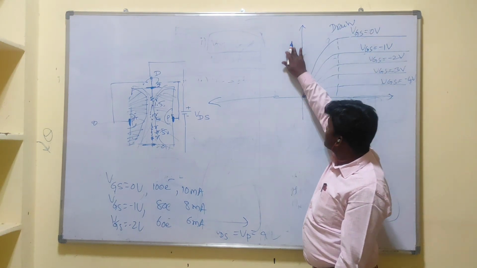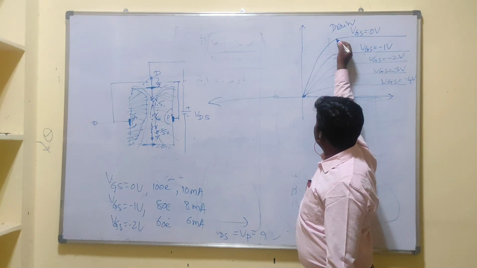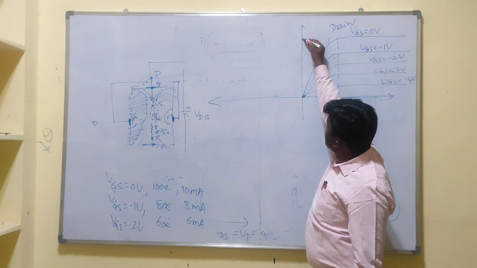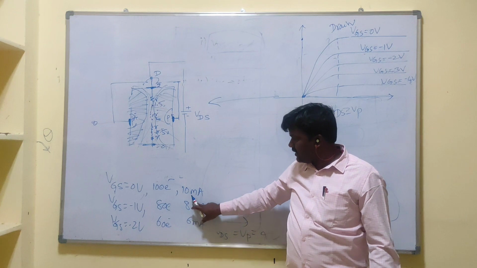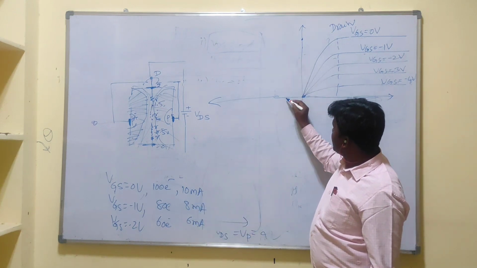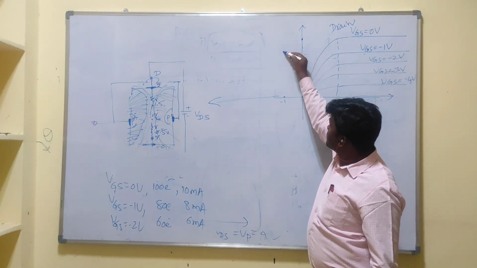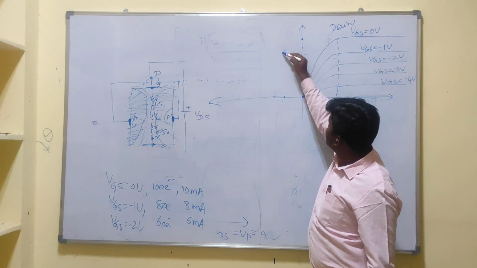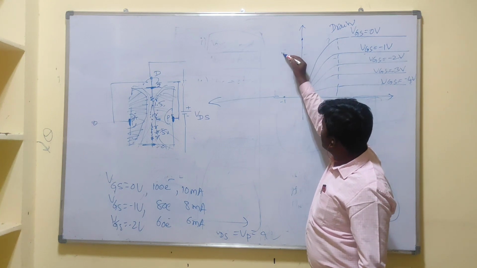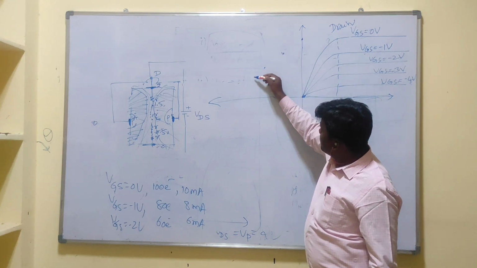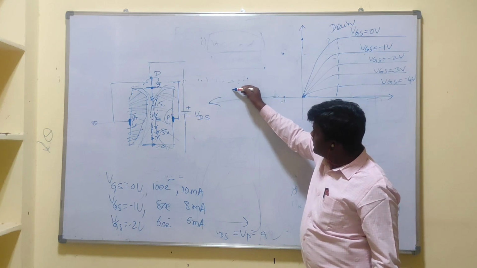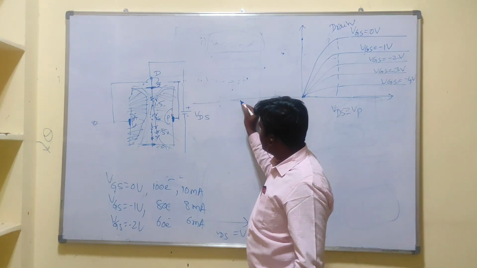And what about the transfer characteristics? If VGS equal to 0 volts, let us say 10. And next one, minus 1 volt, 8. Then 6, 4, 2, and finally it becomes 0.